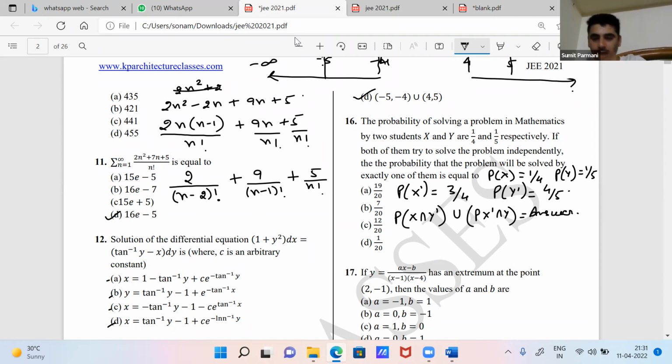Now independently means P of X intersection Y not, that means P of X into P of Y not, union P of X not into P of Y. This gives X into Y not 1/5, union means plus, and Y into X not 3/20.